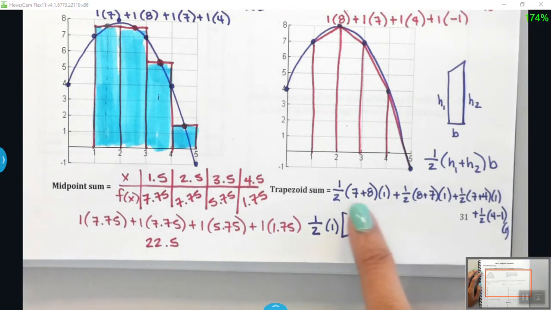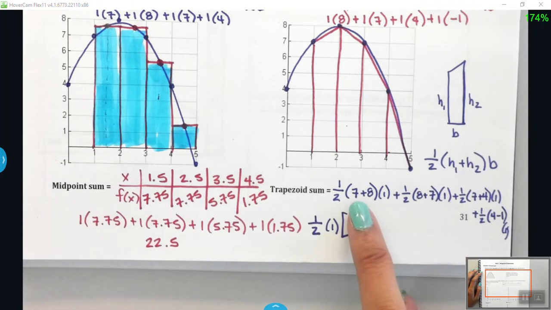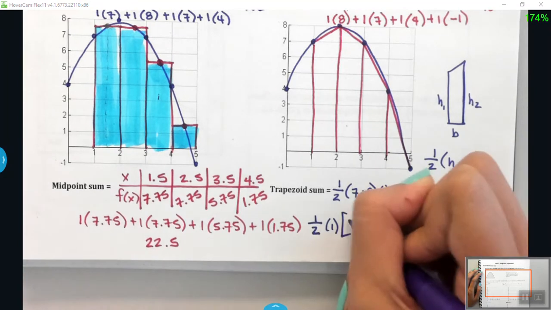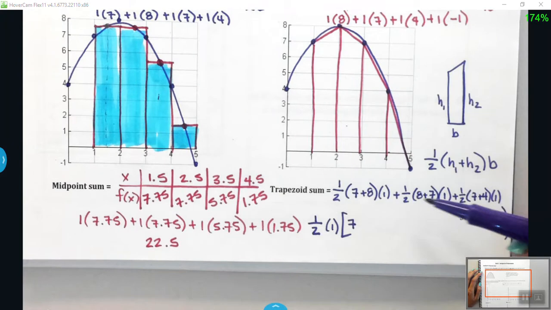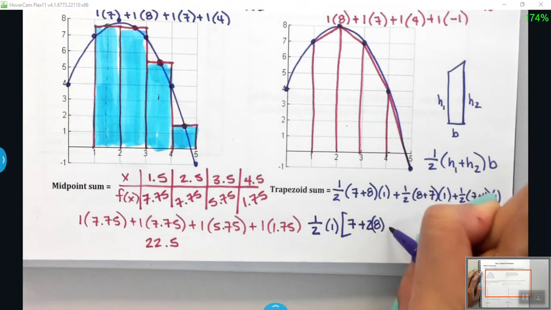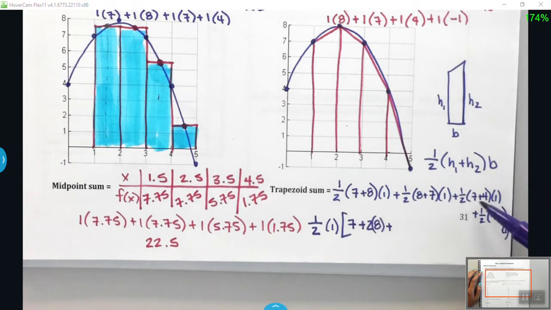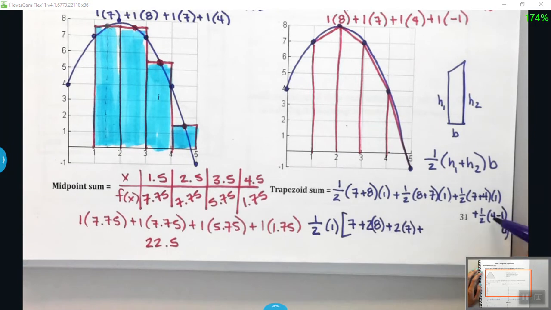If you don't have equal intervals, do each trapezoid separately. But if you have equal intervals, this is what happens. You have 1, 7 from this point right here. You have 2 8s, so you double the 8s. You double the 2 7s. You double the 2 4s. And then you take -1 as the last one.